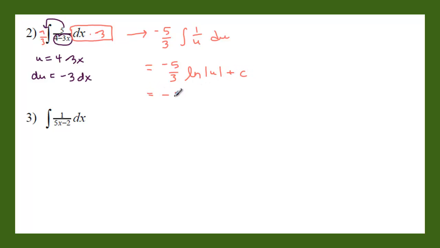Substituting back in for our u function, natural log, our u was 4 minus 3x, and then plus c.